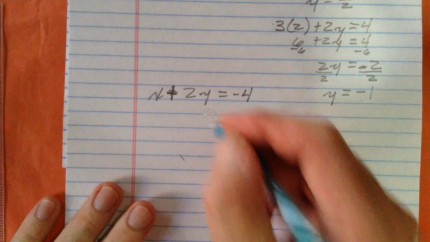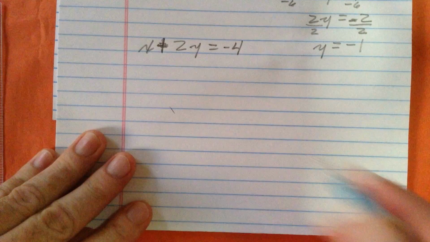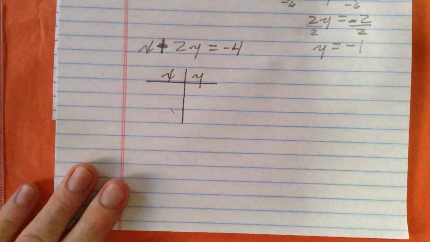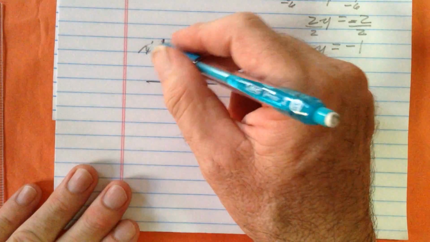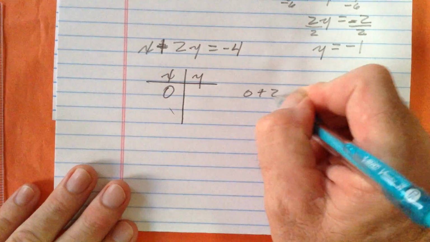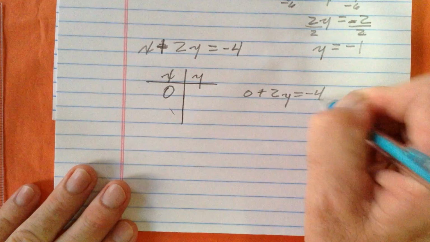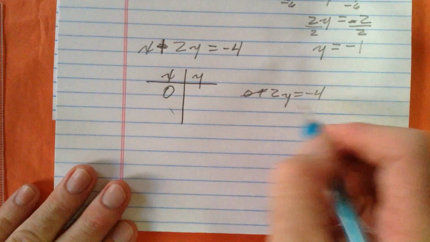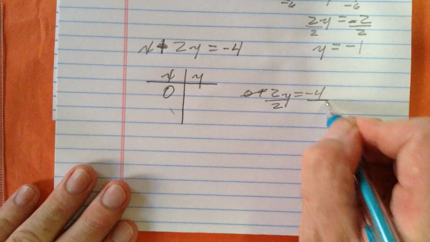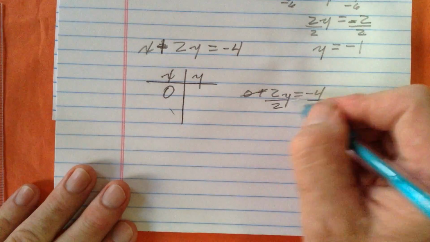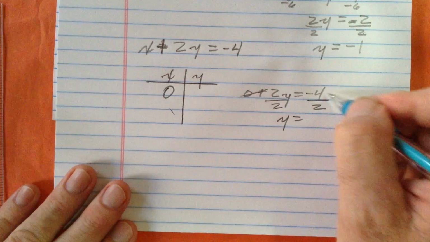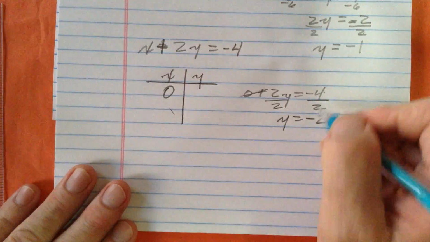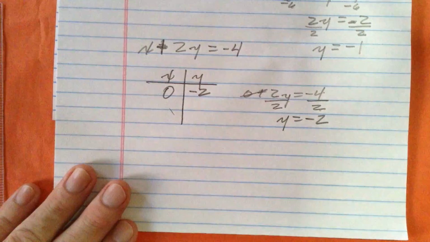I want to set up my x and my y. I'm going to start with 0. 0 plus 2y equals negative 4. That goes away, and I've got 2y equals negative 4. So I divide by 2. Negative 4 divided by 2 is negative 2. So y is negative 2 for this one.